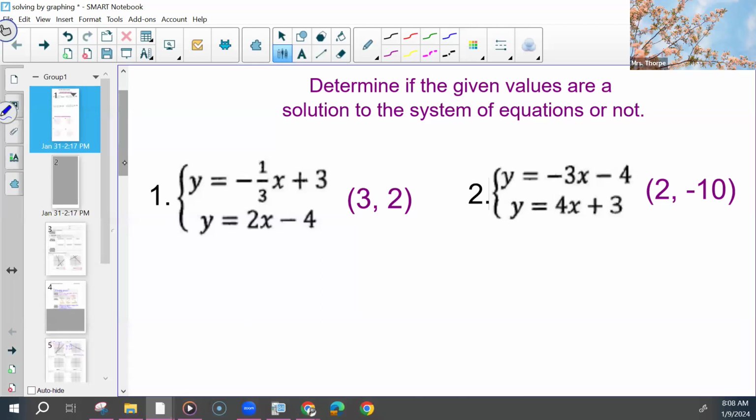What could I do? You could graph it and see, do they cross at that point? What else could we do algebraically? Solve it how?